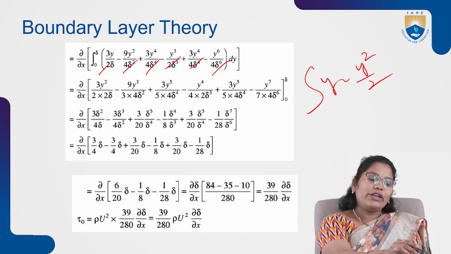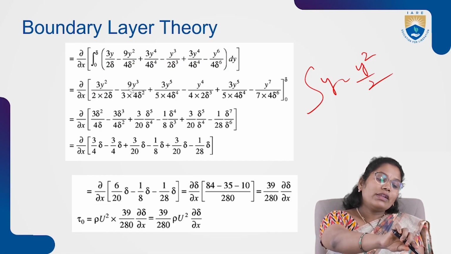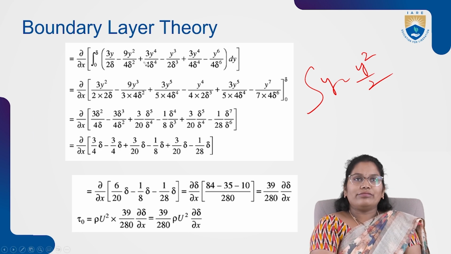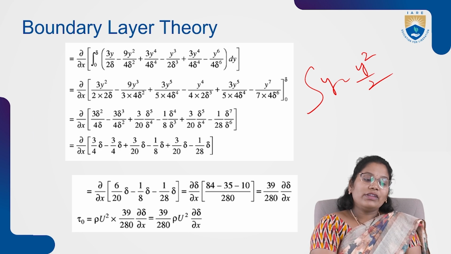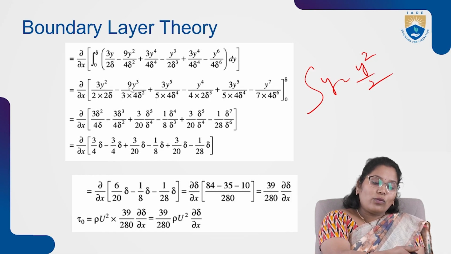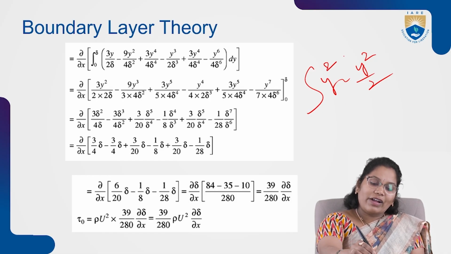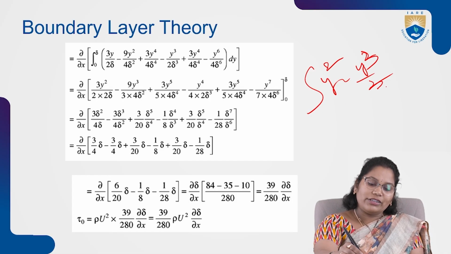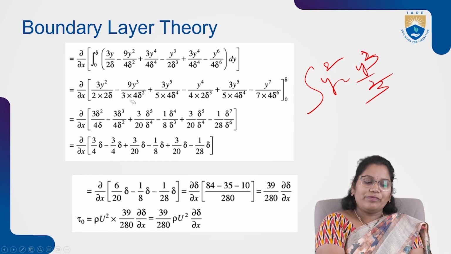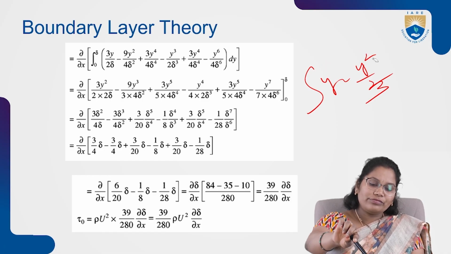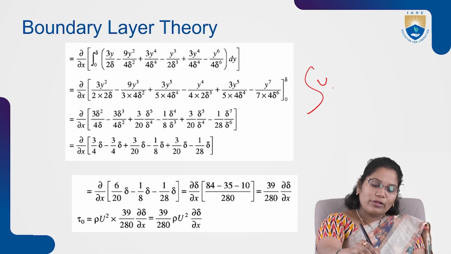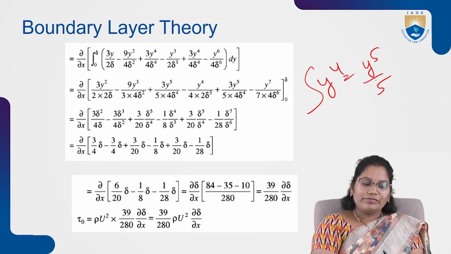Here also, in place of 9y square by 4 delta square, when you integrate y square, you will get y cube by 3. So y cube by 3. Here the power of 4, that is y to the power of 5 by 5.